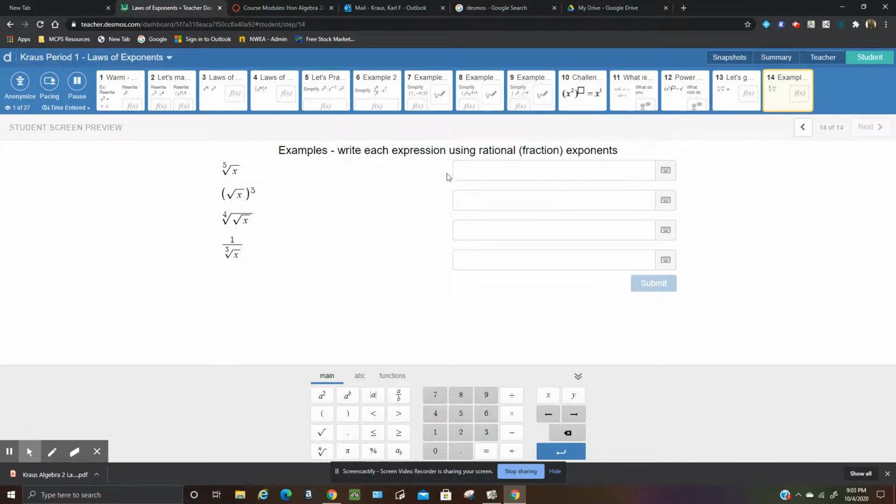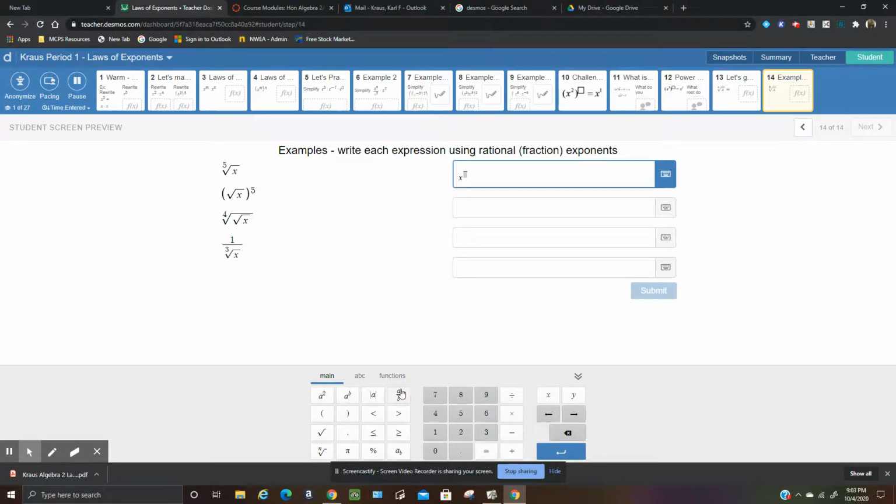So write these with a fractional exponent. This would be x to the 1/5. This one would be the square root of x is x to the 1/2, the 5th power.